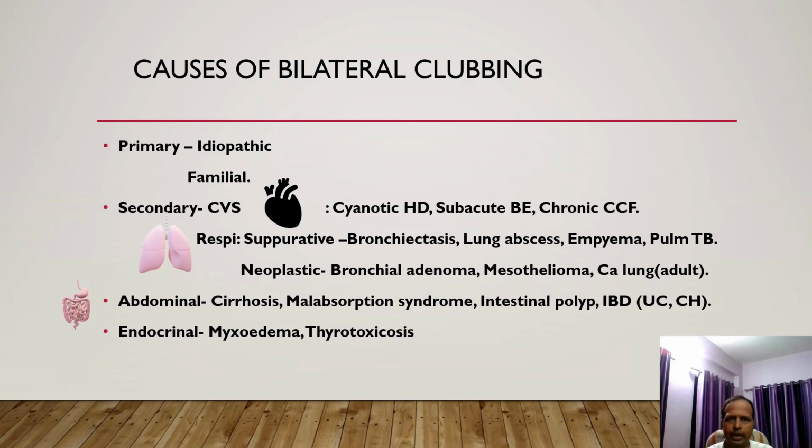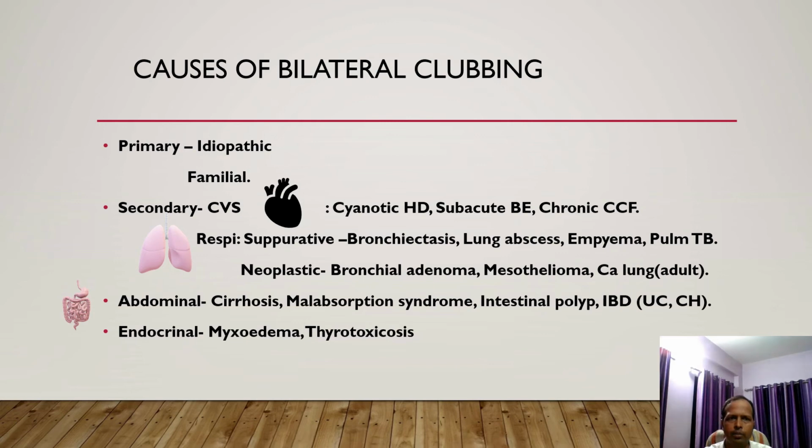Then in the respiratory category, we divide into suppurative causes and neoplastic causes. In suppurative causes, there is bronchiectasis, lung abscess, emphysema, and pulmonary TB. And in case of neoplastic causes, it may be due to bronchial adenoma, mesothelioma, and carcinoma lung in case of adult patients.